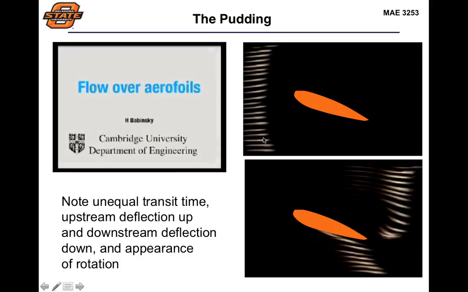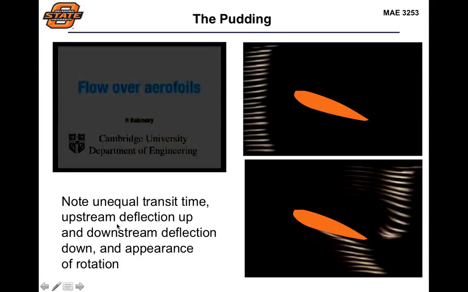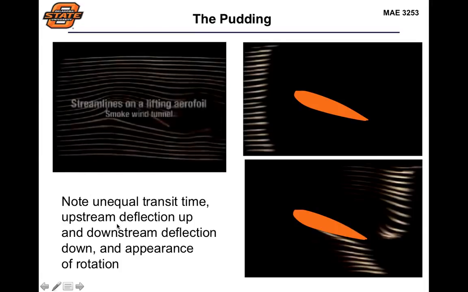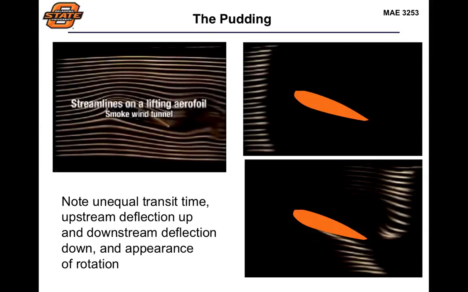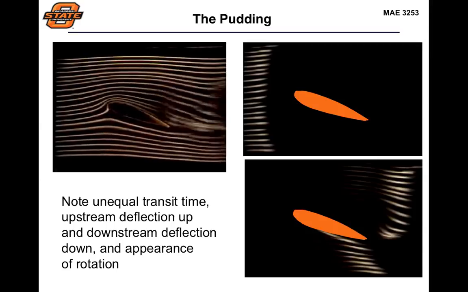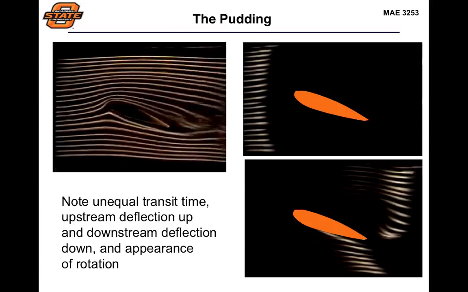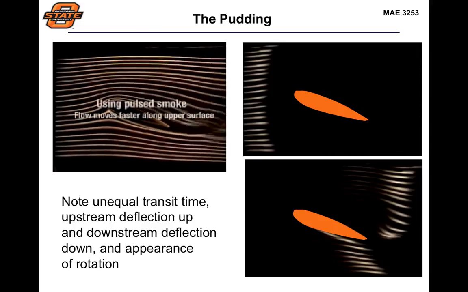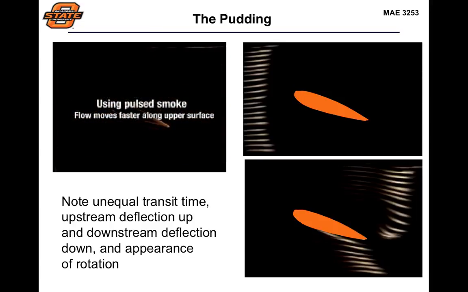Now, we'll note here another example. What you can see is the flow actually traveling over the airfoil, which again is demonstrating this circulation, and it's really this unequal motion.